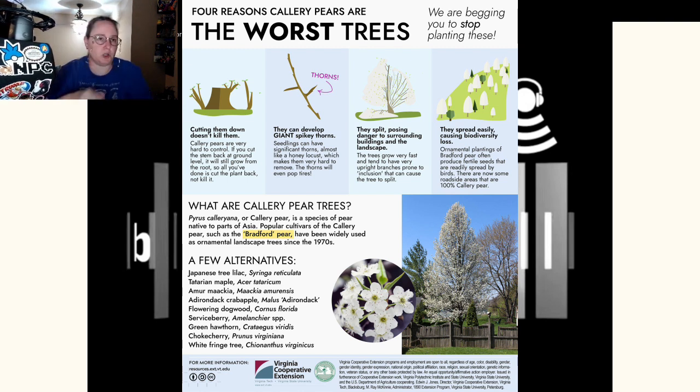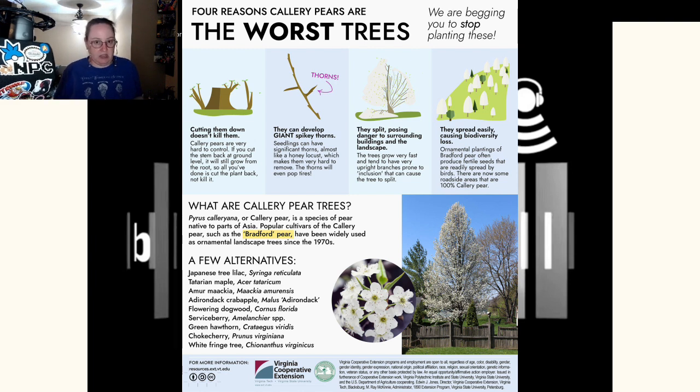They grow so fast that usually a regular tree, when it grows, the trunk will be thick enough to hold up the top of the tree, all the branches and junk. If the trunk doesn't grow at the same rate as the canopy, basically the tree will split itself in half and die. And that's what the Bradford pear does all the time in the South.